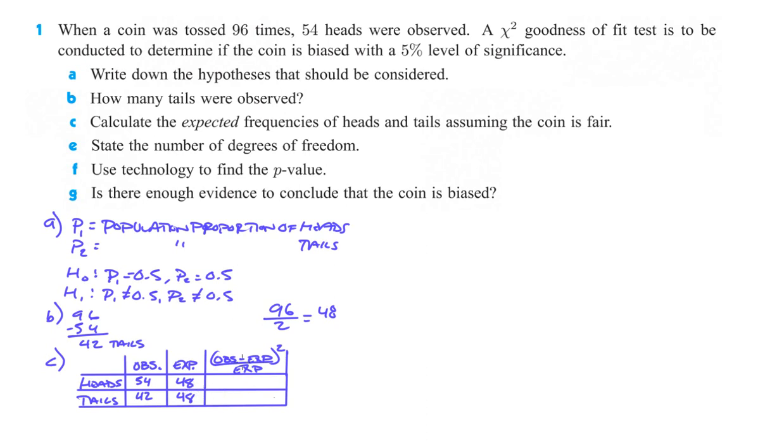So what we do here is observed minus expected, then we square it, divided by the expected amount. So observed minus expected, in this case 54 minus 48 is 6. So we do 6 squared all over the expected, which is 48.